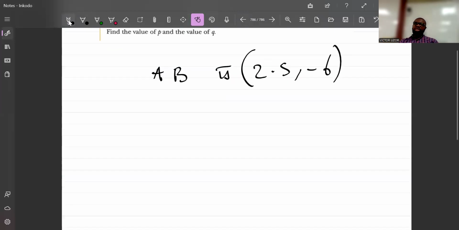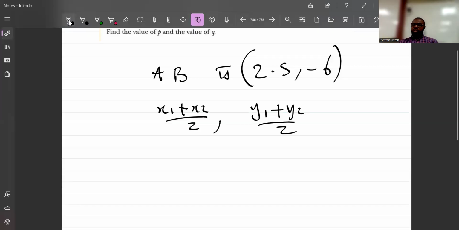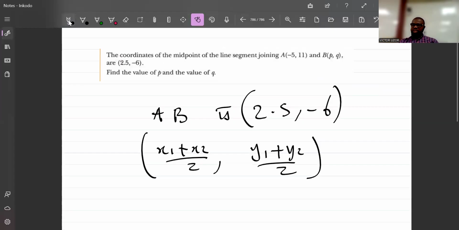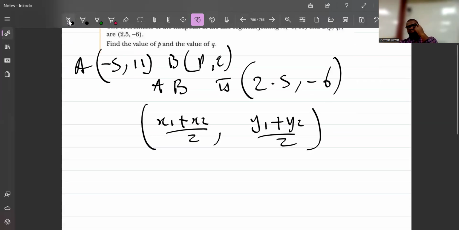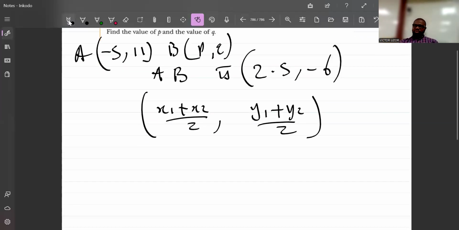We know the formula for finding the midpoint is (x1 plus x2) over 2, comma, (y1 plus y2) over 2. So this is the formula for finding the midpoint. And we know that A is (minus 5, 11), and our B is (P, Q). Now they ask us to find the values of P and Q. You just need to use application and common sense to solve this.